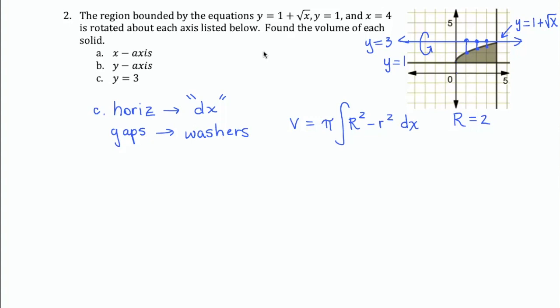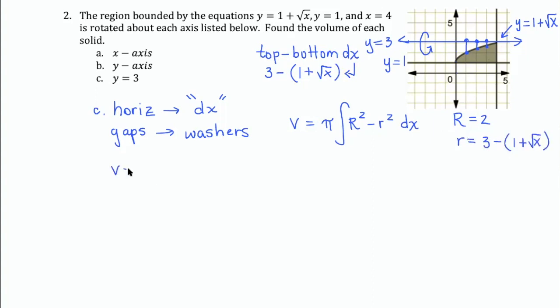I'm going to need to take the top function minus the bottom function, because I'm doing a dx integral. The top function, all these points are located on y equals 3. The bottom function, all these points are located on 1 plus square root of x. And notice this is in terms of x, so that's a perfectly fine value for little r.